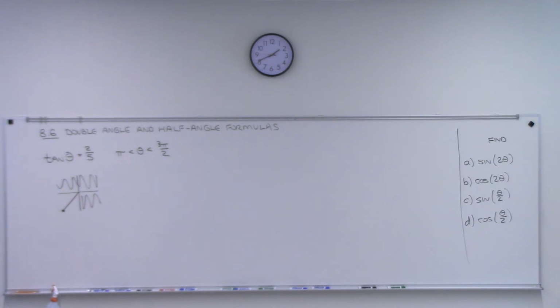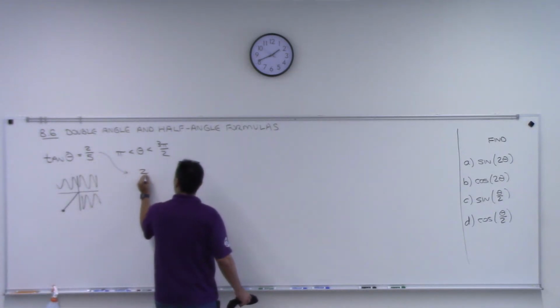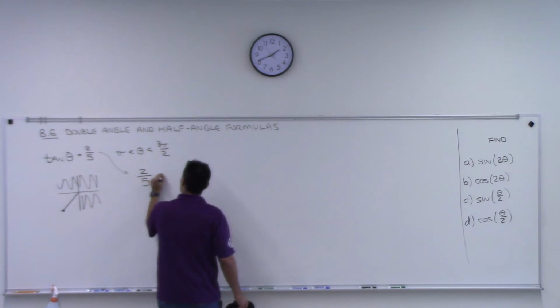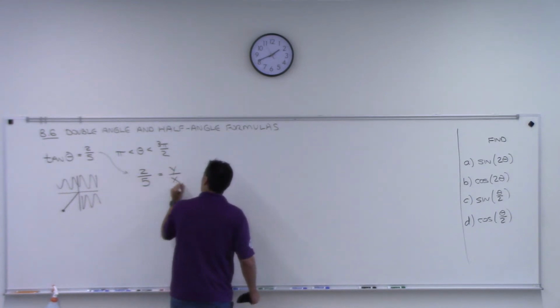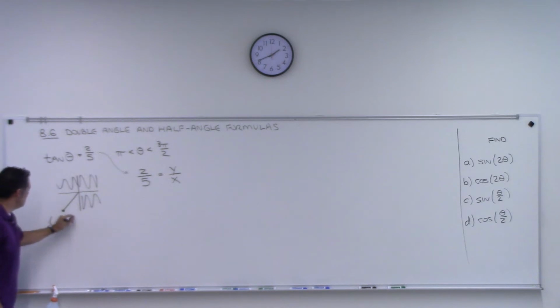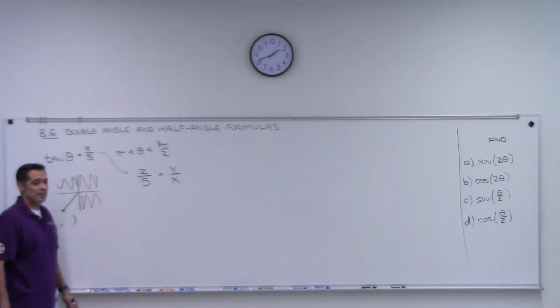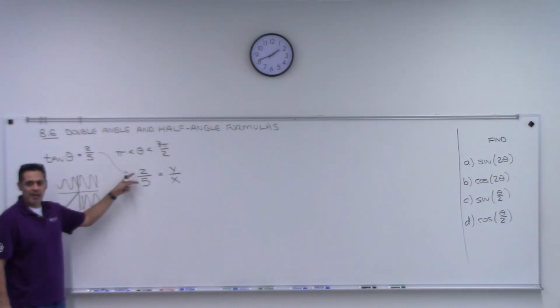Now, tangent by definition, and you've got to be careful on this one, is y over x, right? So 2 over 5 must be the y coordinate divided by the x coordinate. But we are in the third quadrant, so they're both negative. It's hidden from you because 2 negatives would be a positive, which is why you're seeing a positive number here.